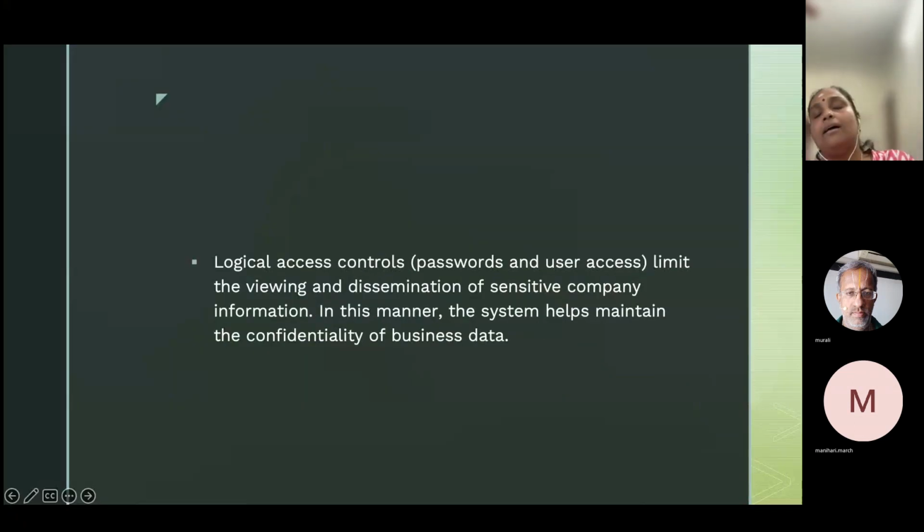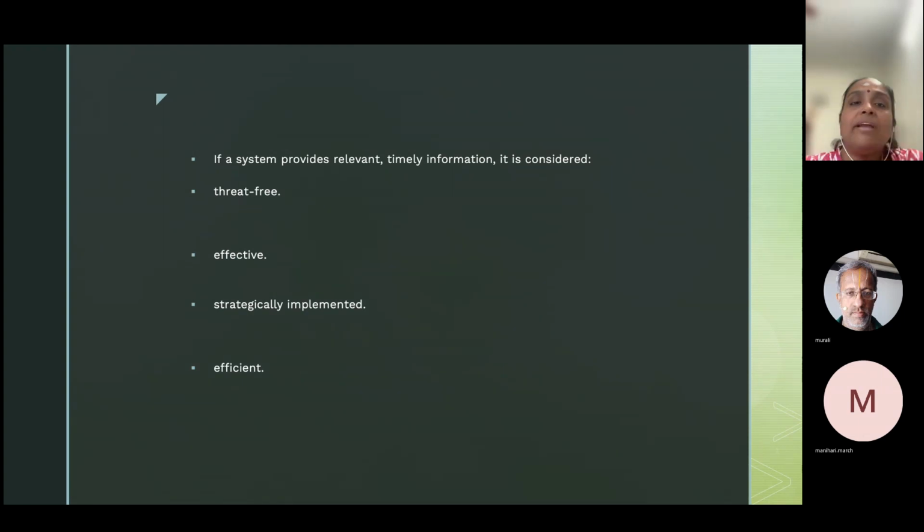Here, logical access controls, passwords and user access limit the viewing and dissemination of sensitive company information. In this manner, the system helps maintain the confidentiality of business data. Now, if a system provides relevant, timely information, it is considered what?